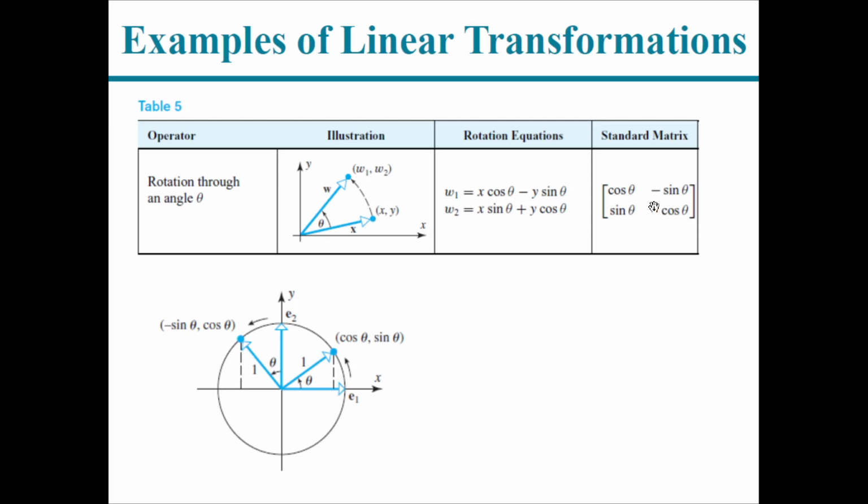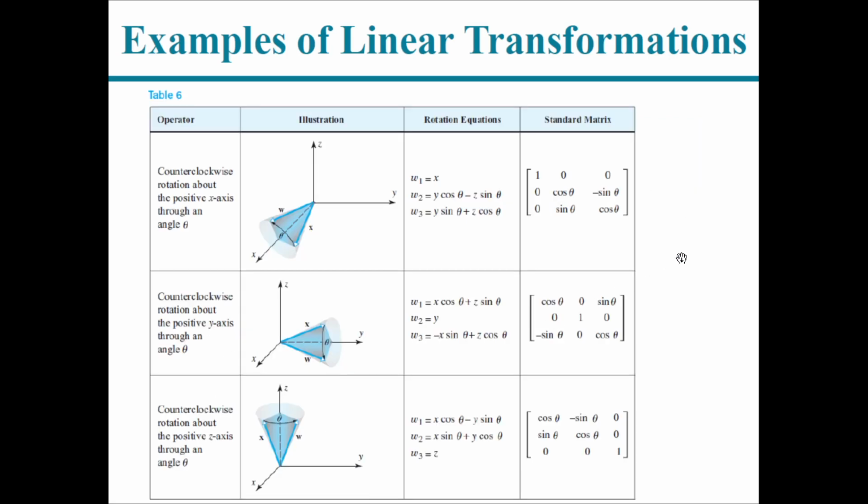Now we can show that this matrix is invertible because the determinant is 1. So rotations are invertible. Angle is specified at the beginning. So this is just one other illustration of linear transformation. You don't need to memorize it, just an example. Then you can have rotations around different axes in R3, so similar procedure.